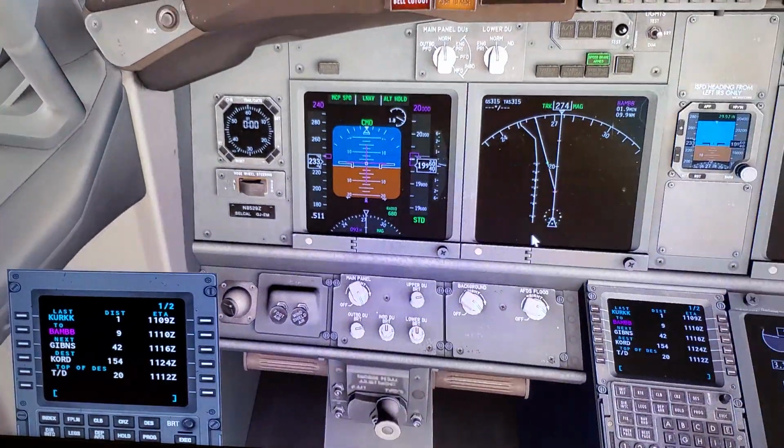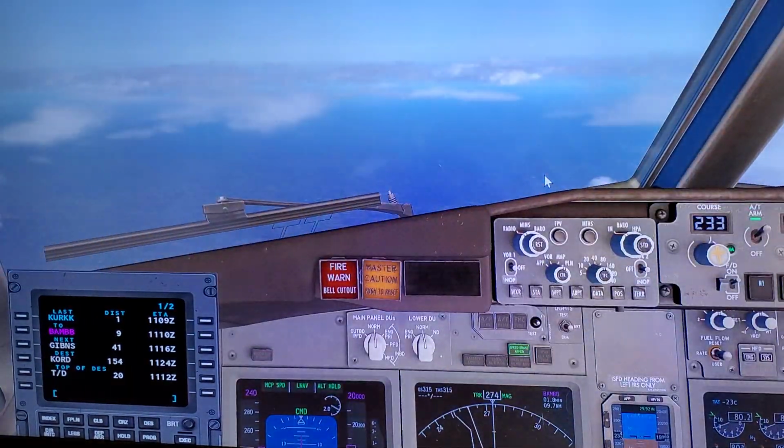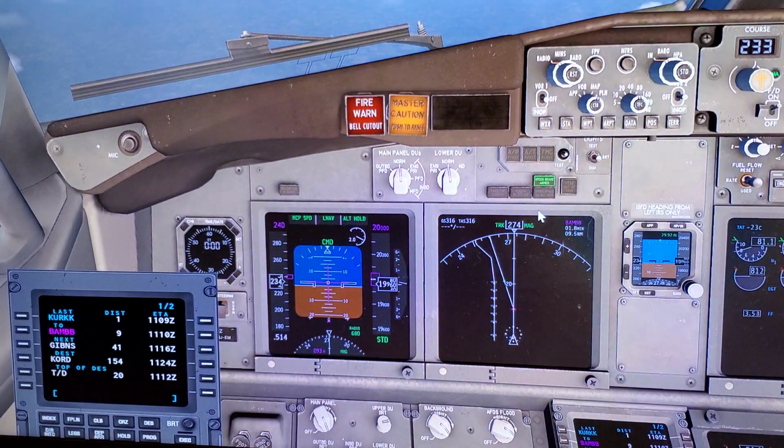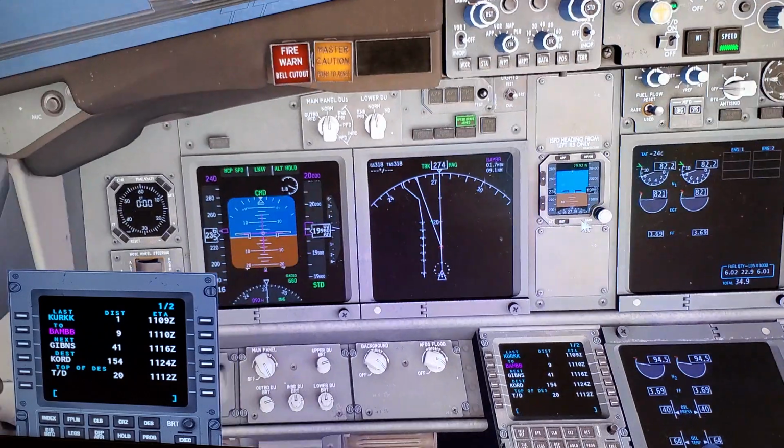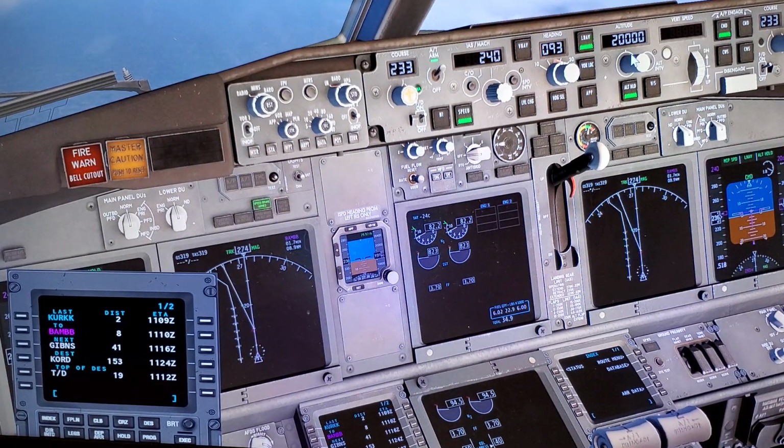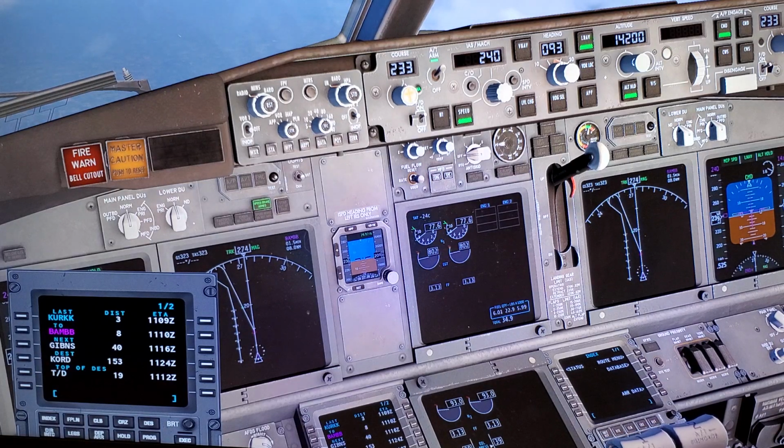Different airport. Now I am at 234. Basically I'm going to fix for 2500, my final ILS catching altitude.